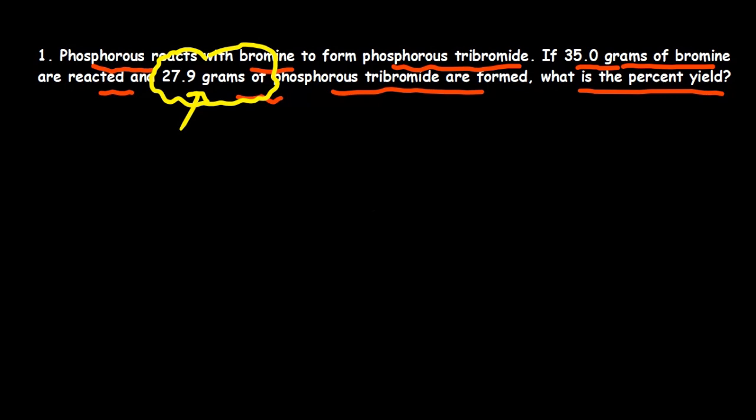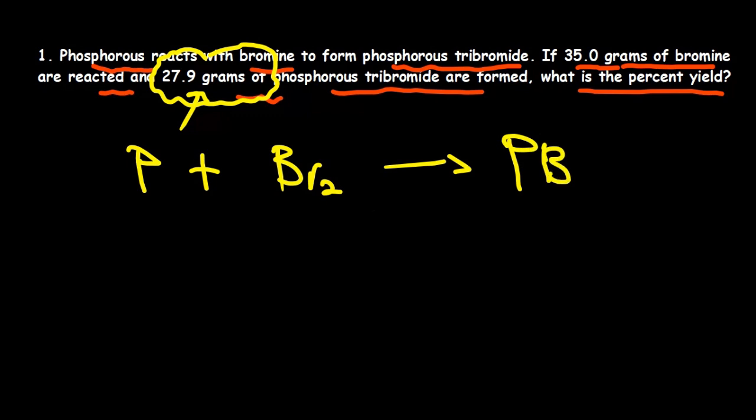Our work is to find the theoretical yield and then divide those two to find the percentage yield. To do that, we'll have to write the balanced chemical equation. We have phosphorus reacting with bromine, and we know that bromine has a 2 there, Br2. This produces phosphorus tribromide. The first thing we have to do is balance this equation.